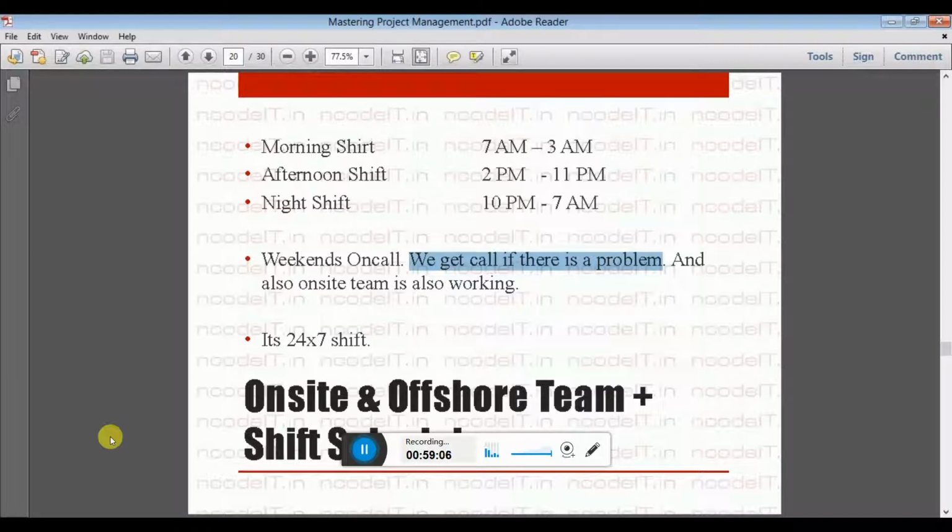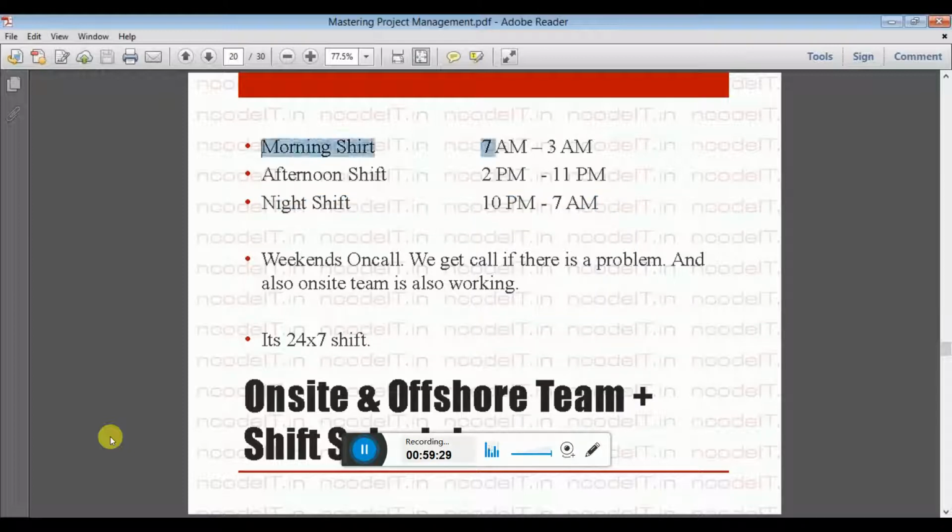Or else, to keep it simple, just say we are handling all the 24/7, and the on-site team comes only in their morning. Night shift we will handle, and they will also be there. When we are on night shift, it's their morning.